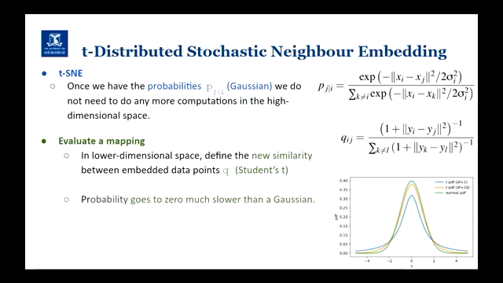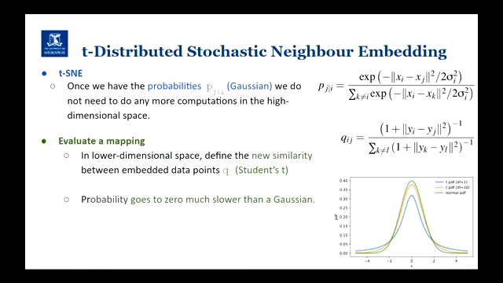The main reason for that is that the probability of the student t goes to 0 much lower than the Gaussian. We have a Gaussian here in green, and two student t's here in yellow and blue. What we can see, for instance in the blue, is that the student t usually has a heavier tail than the Gaussian.